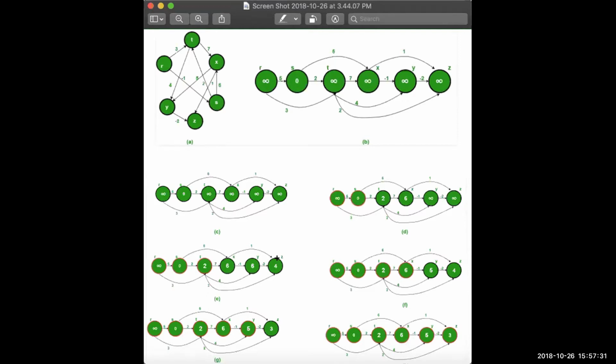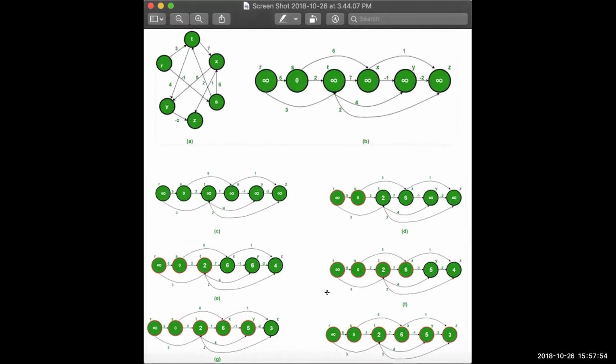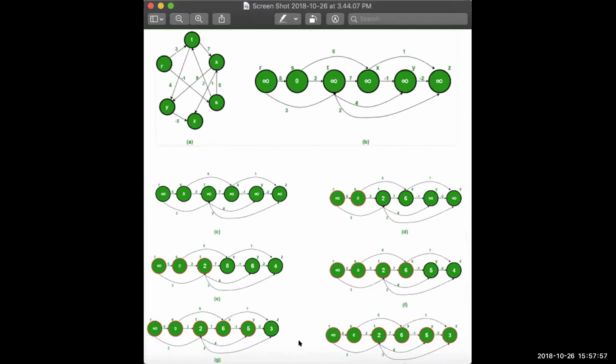Am I missing something? So we'll be looking at X right now. We have X that goes out to Y as 5.